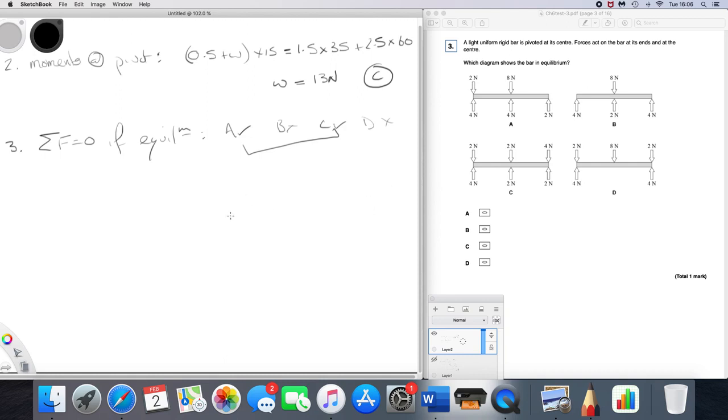So let's apply our principle of moments.